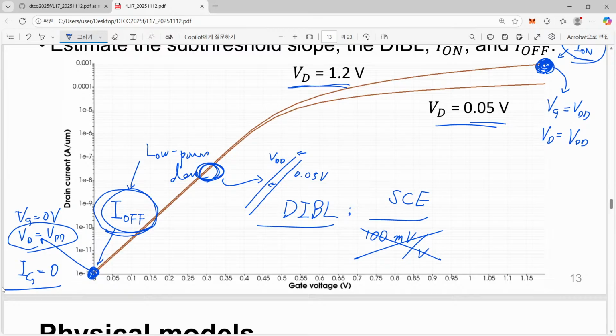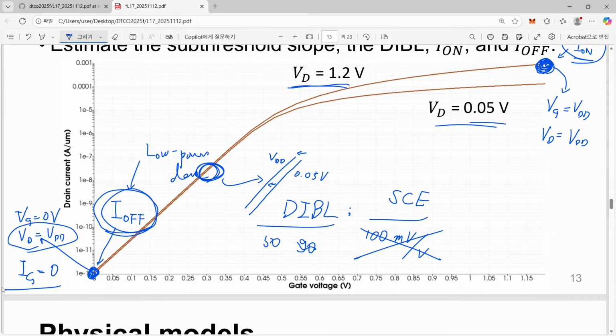Then maybe you can ask me: 90, is it acceptable? Actually not. We want numbers like 50, 60, 40. These values are regarded as acceptable for industrial level mass production devices.